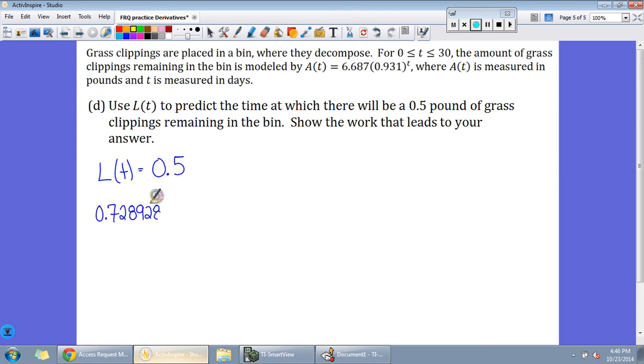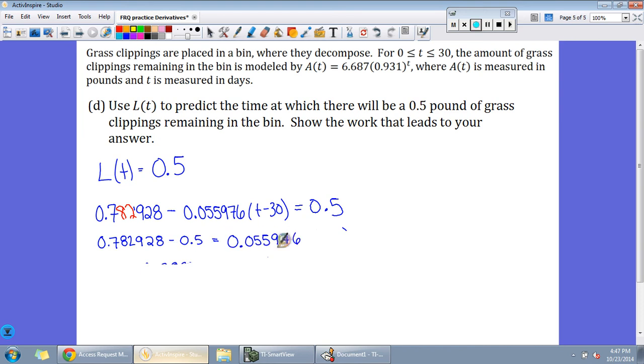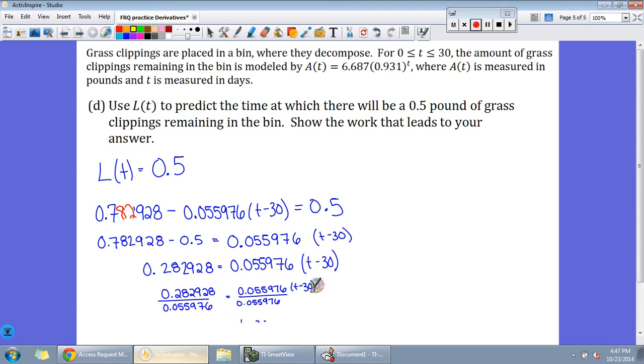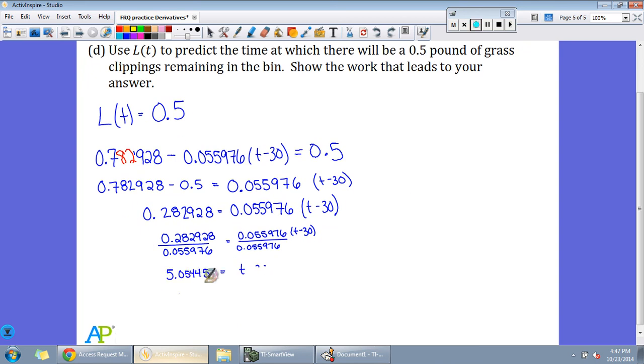I'm going to have my equation of L of t equal to 0.5, and I'm going to subtract 0.5 from both sides and add this term to both sides, do my subtraction, divide both sides by my slope value, and get 5.05445 equals t minus 30, and then add 30 to both sides to get t equals 35.054 days.